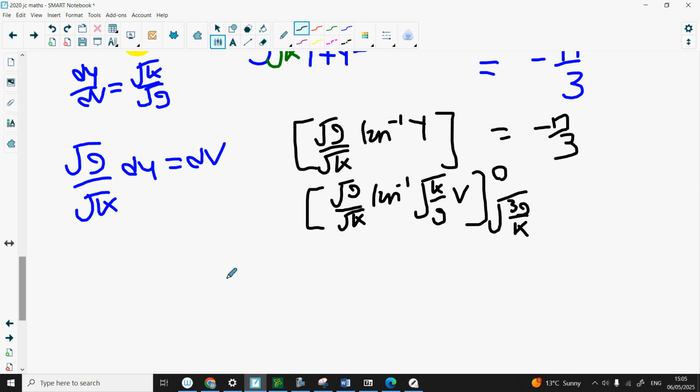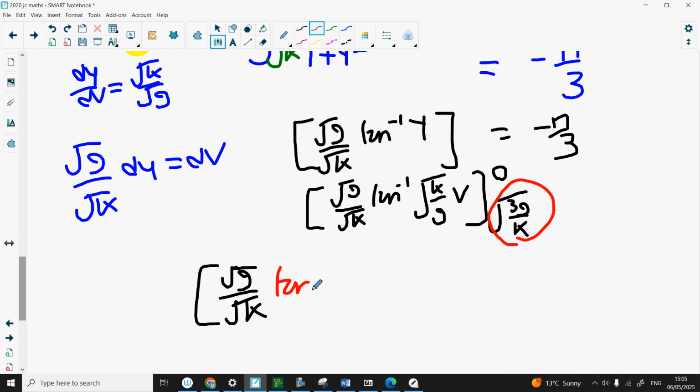So what happens next is the following. We go for root g over root k. Tan inverse 0, the first limit is gone, because when we put in a 0, the whole thing turns to 0. So I'm not bothered about that. I'm focusing on the second limit here. So it's going to be tan inverse root k over root g, which is basically this part here.